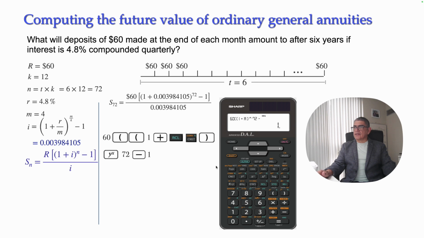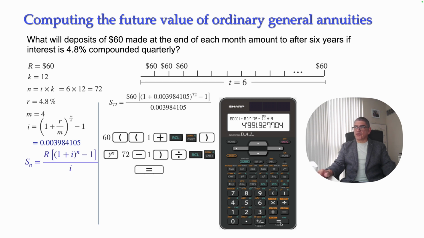And close the bracket. So the first bracket is closed now. And divided by, again, this number is the one in the memory A. Divided by A. Recall A. And press equal.